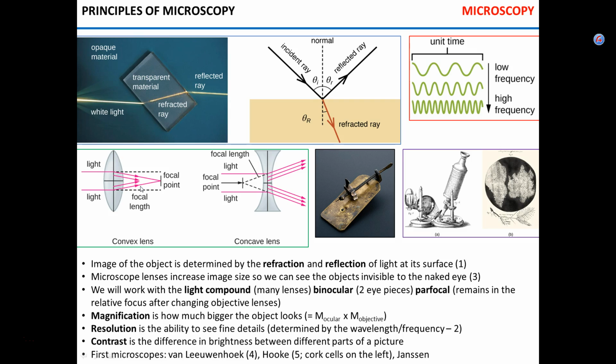The microscopes that you're going to work with, and this one too, this microscope is light. It weighs a lot actually. It's not that light, but light is the source of radiation here. It uses light. It's compound, which means it has several objective lenses.